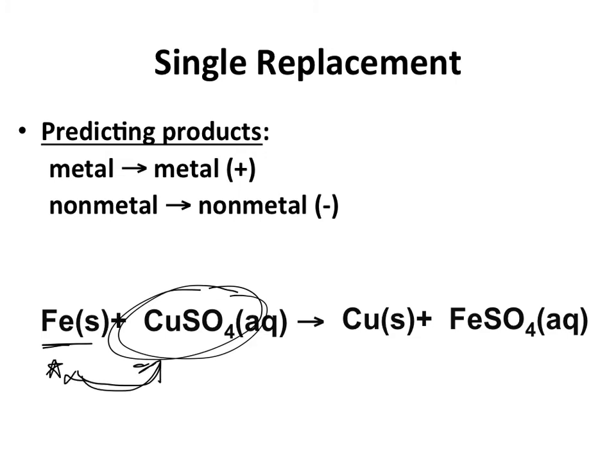But for right now, assuming it will happen, we know that our iron is going to replace our copper to give us iron(II) sulfate, to be more specific, and solid copper as our product. So your metal is going to replace another metal, and your non-metal will pretty much just stay the same. It'll just be connected with a new element.